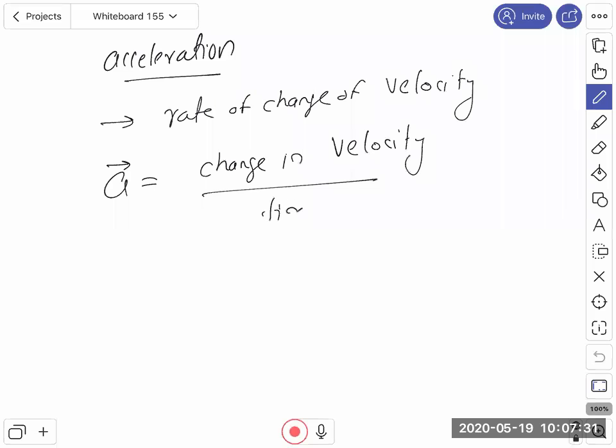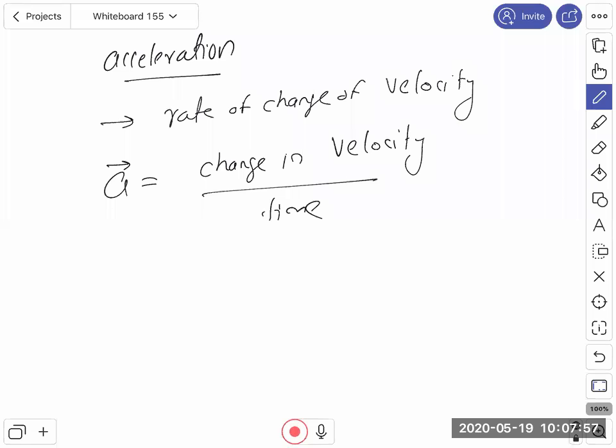Or you can write acceleration is equal to change in velocity divided by time. Now just remember that velocity is a vector quantity. So we can change the velocity either by changing its magnitude or by changing its direction or by changing both. मतलब only magnitude change हो गया तो भी velocity change होता है, only direction change हो गया तो भी velocity change होता है, and both change हो गया तो भी velocity change हो सकता है.